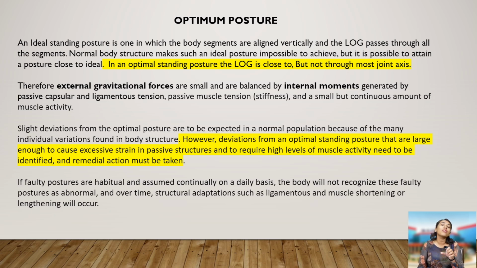It can yield a high level of muscular activity, and these could cause further postural deviations, which could impact our living situations. So if faulty postures are habitual and assumed continually on a daily basis, the body will not recognize these faulty postures as abnormal, and over time, structural adaptations such as ligamentous and muscular shortening or lengthening will occur.